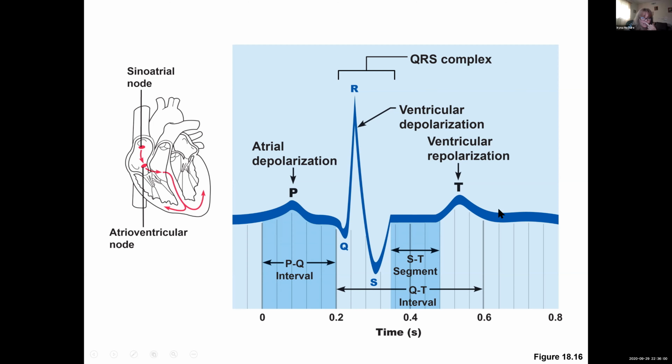And then we have T wave, that is ventricular repolarization. What is missing here is atrial repolarization, because repolarization goes back to normal, right? So first we depolarize, but then we need to go back to negative inside, positive outside. That's repolarization. So atrial repolarization is missing.